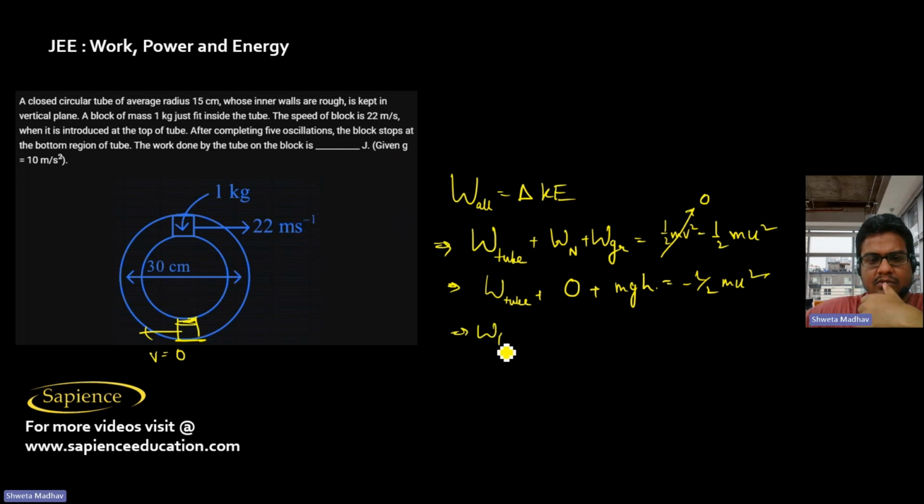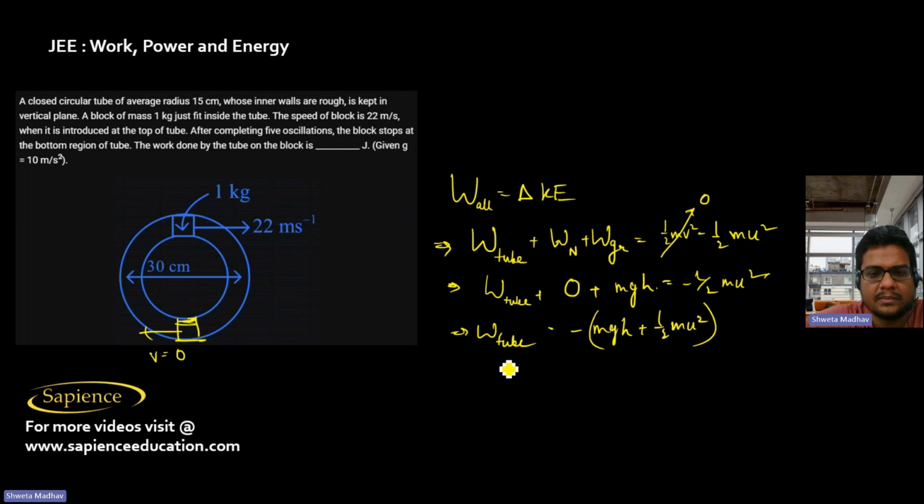Therefore, the work done by the tube on the block is equal to minus mgh plus half mu square. So you have to find only the magnitude of the work done by the tube on the block, which is the work done by the frictional force. That should obviously be negative only.